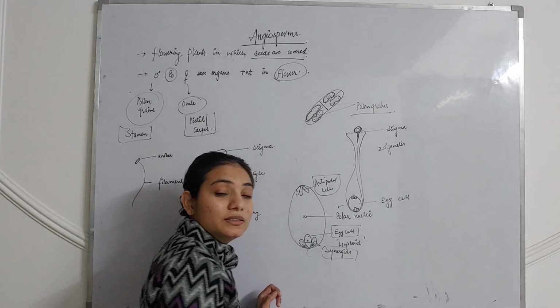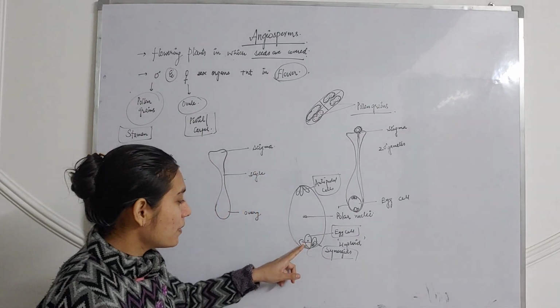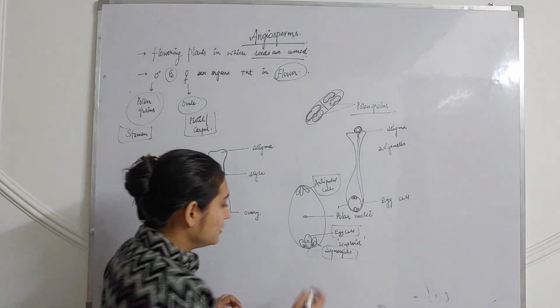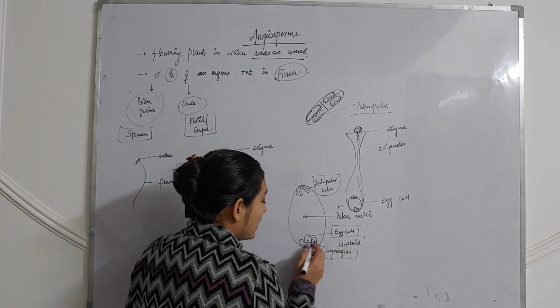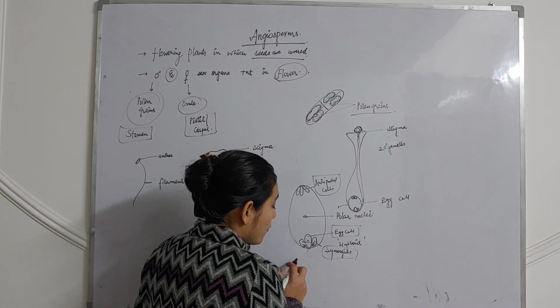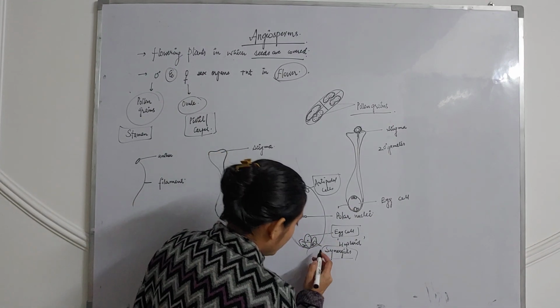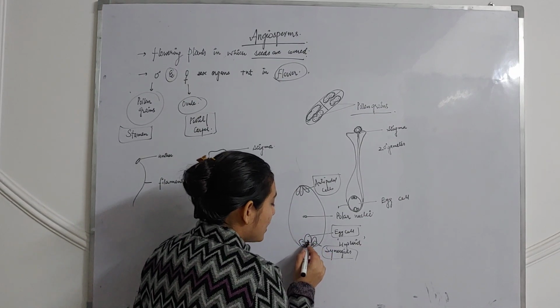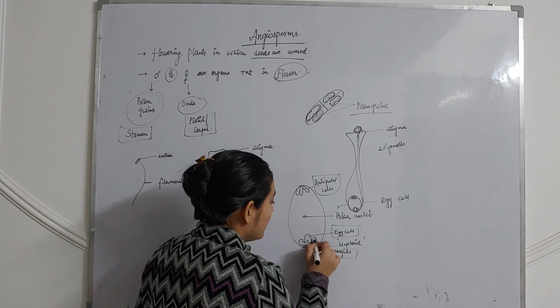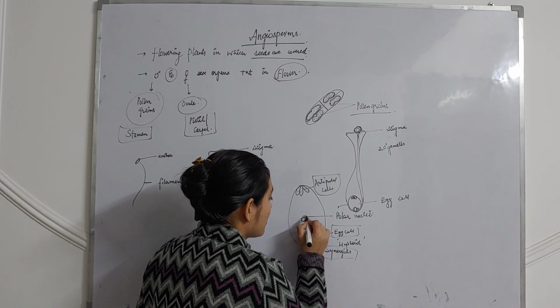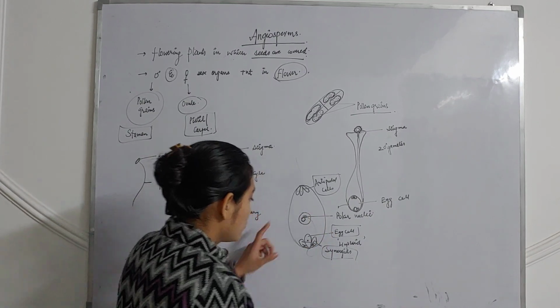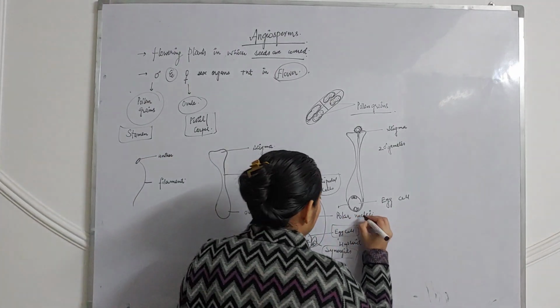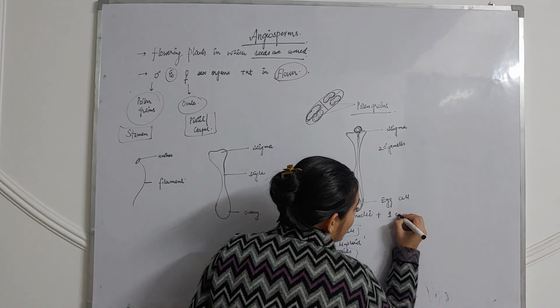The synergids, or the filiform apparatus present in the synergids, guide the pollen tube so that it can enter the female gametophyte. Here one of the male gametes fuses with the egg cell and the other fuses with the polar nuclei.